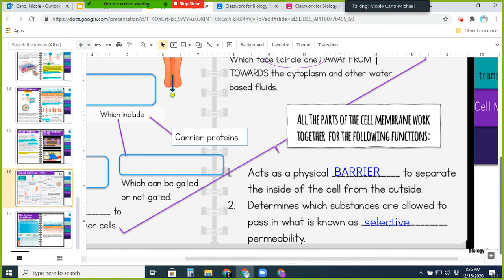What antibiotics actually do is they punch holes in bacterial cell membranes. That's literally what they do. They punch a hole through the membrane, and it no longer has a physical barrier. It is no longer selectively permeable. And because of that, it can no longer maintain homeostasis, and the bacteria die.